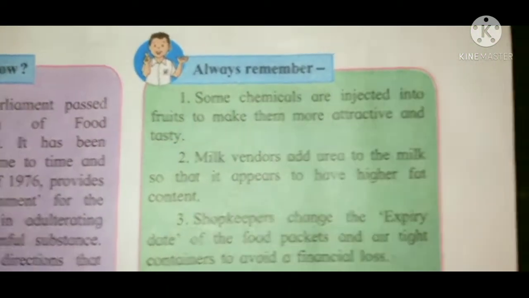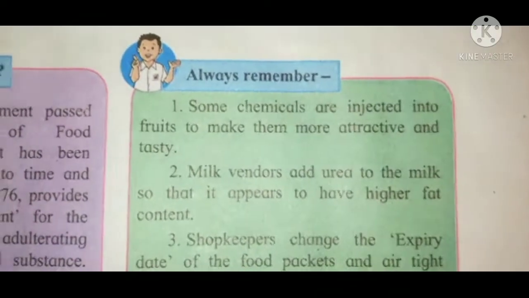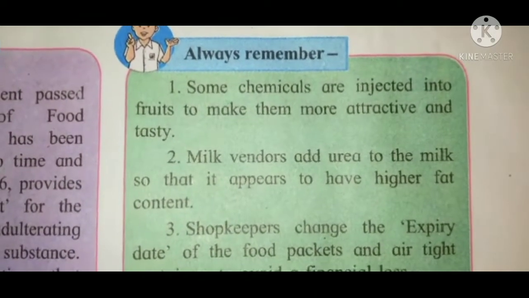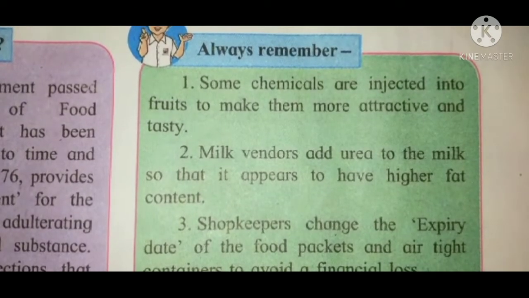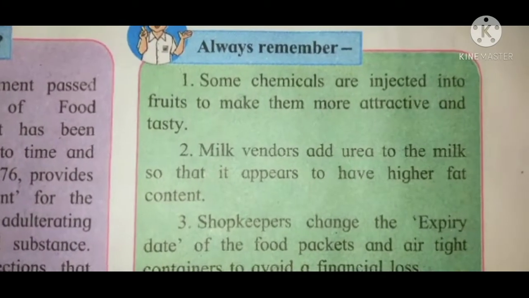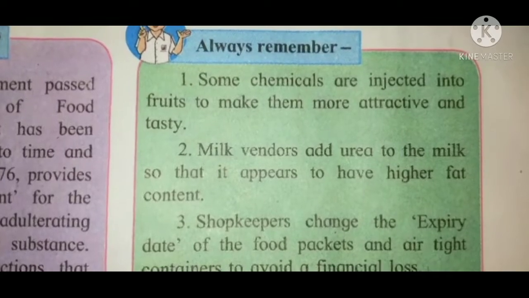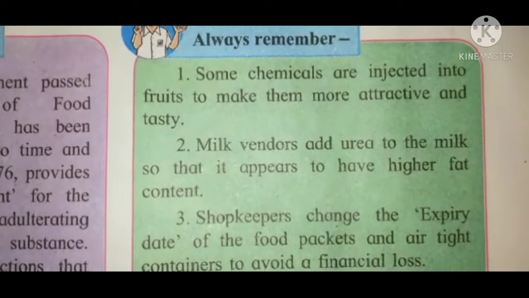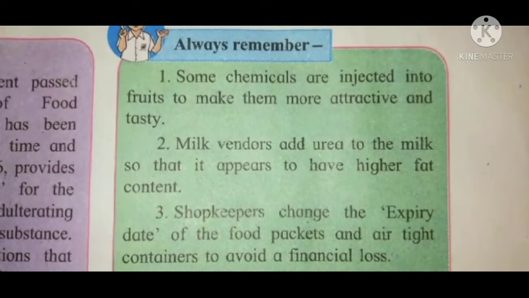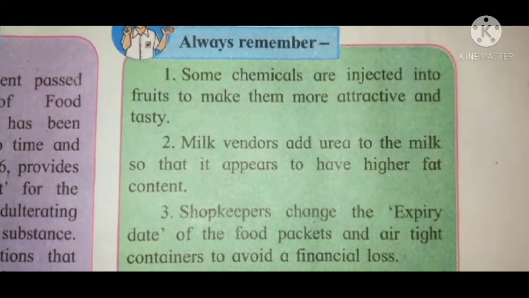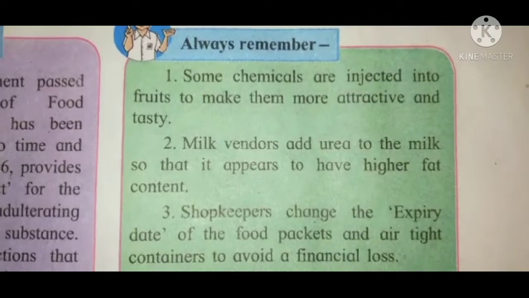Come to the green box. Always remember. First, some chemicals are injected into fruits to make them more attractive and tasty. Second, milk vendors add urea to the milk so that it appears to have higher fat content.